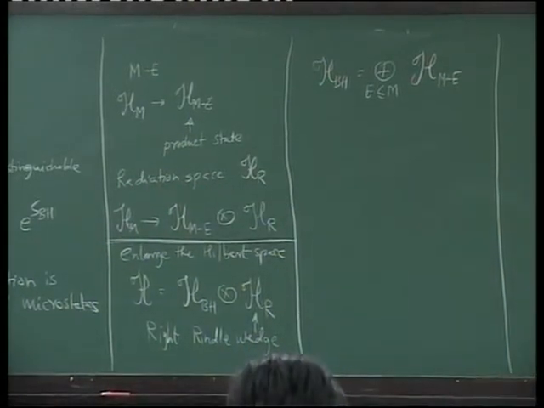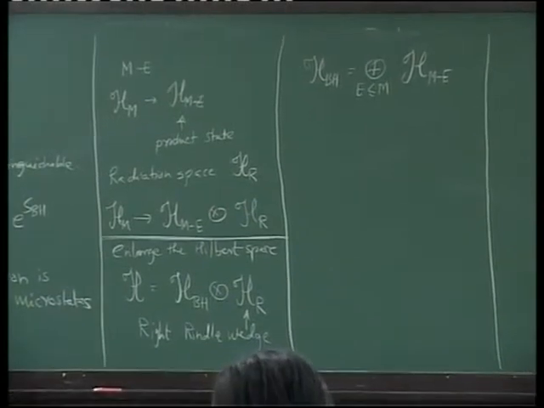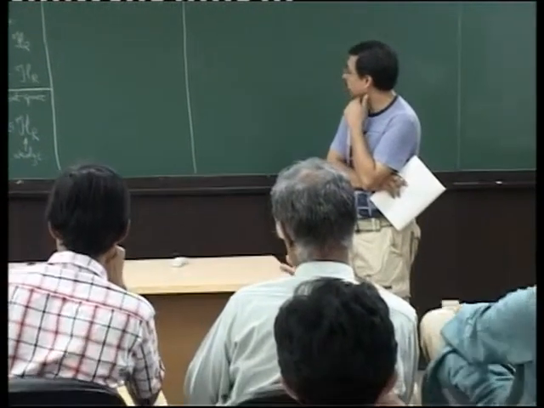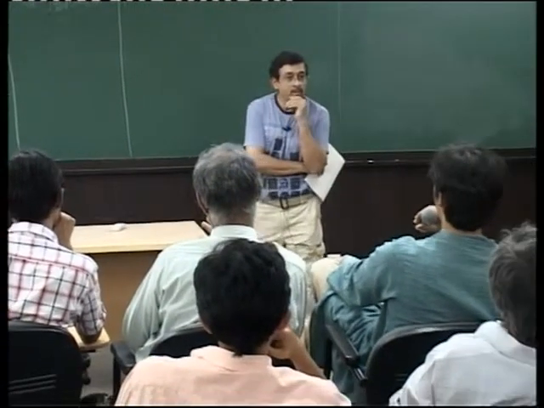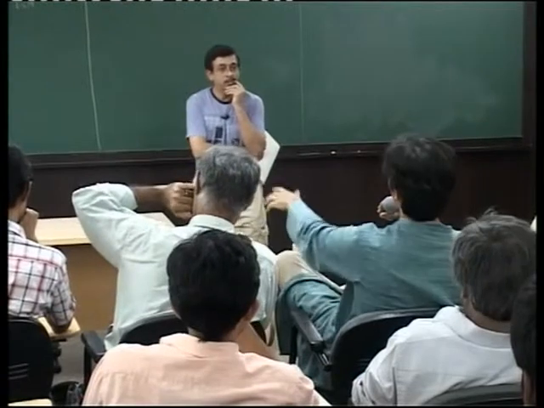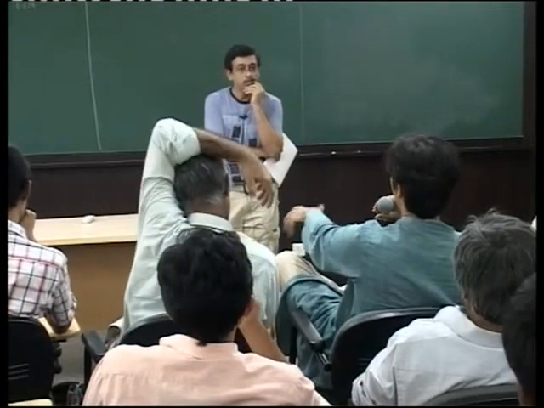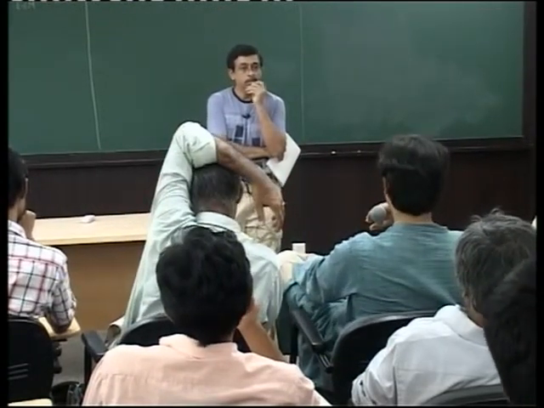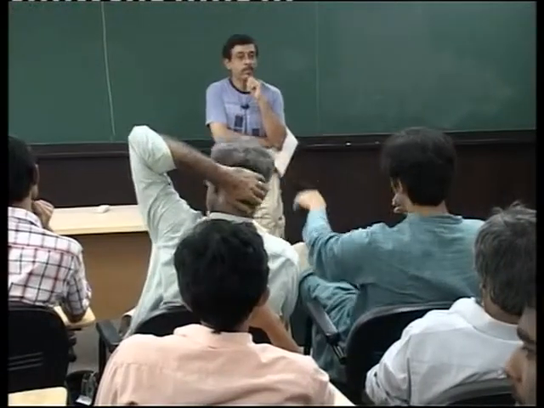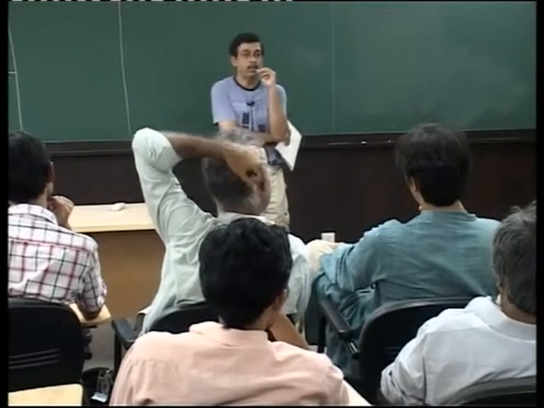This is something that works at infinite N, with a direct product structure, when no interactions are present. It's not really true that the black hole and radiation states are independent when they're interacting. So it's not really true that one can have a direct product separation of the Hilbert space in this form.